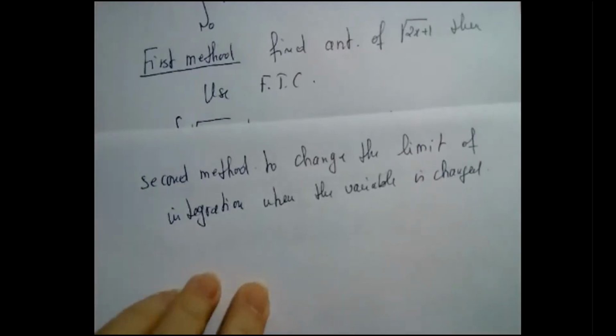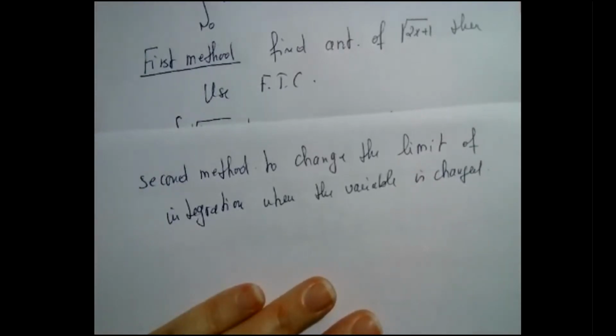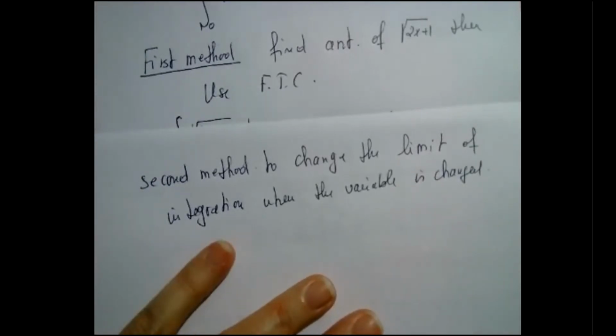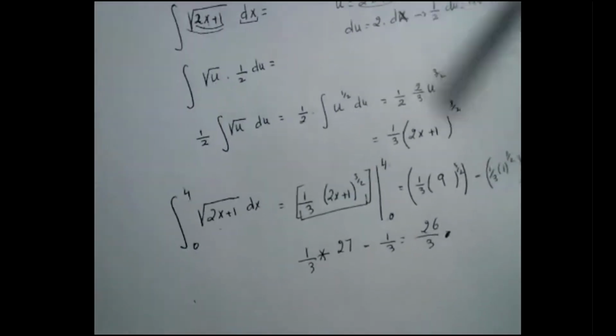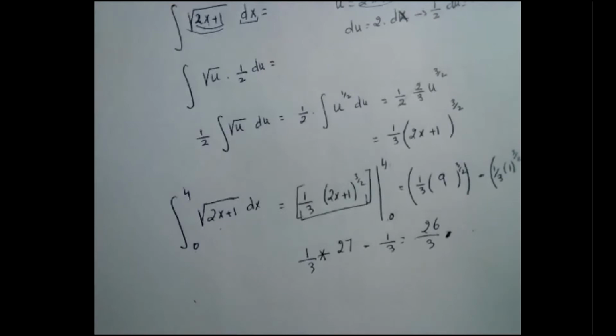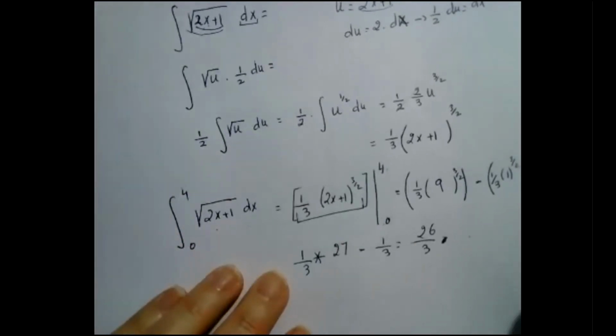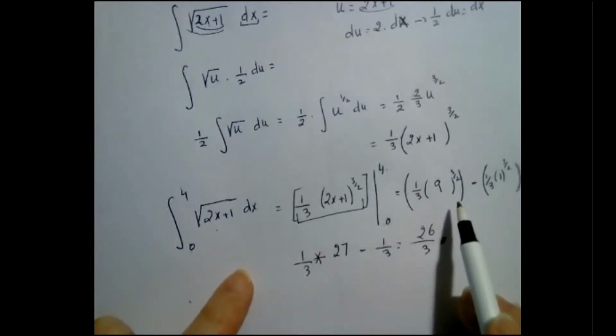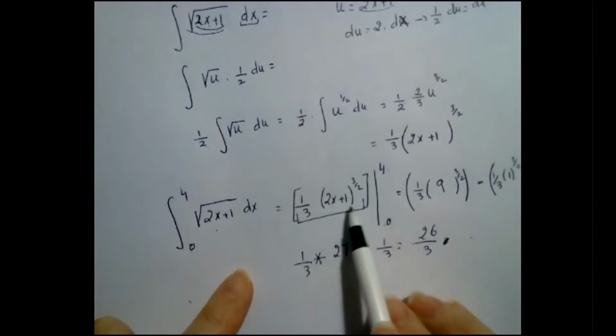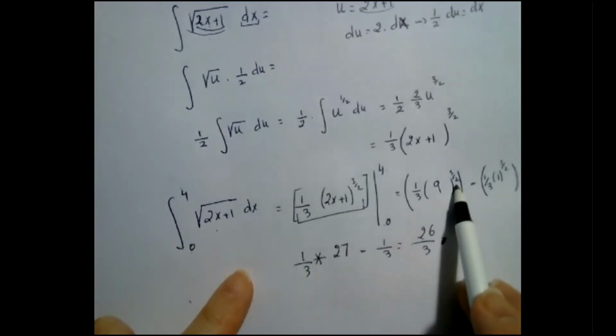Okay, Professor? Yes, I'm listening. Could you go back to that last answer? My answer was different. I got 9. Okay, yes, I usually do stupid mistakes. Where did you lose me? You did the 1/3 times 9 to the 3/2 power, correct?